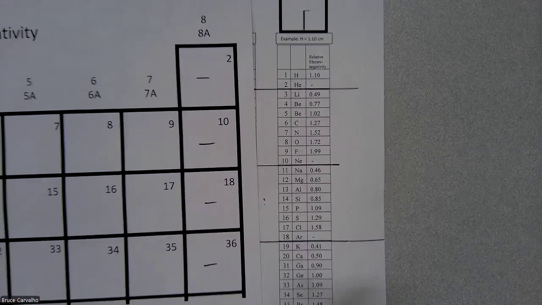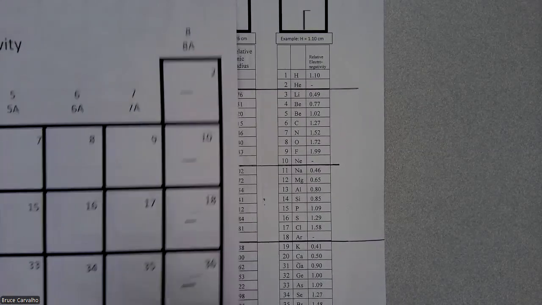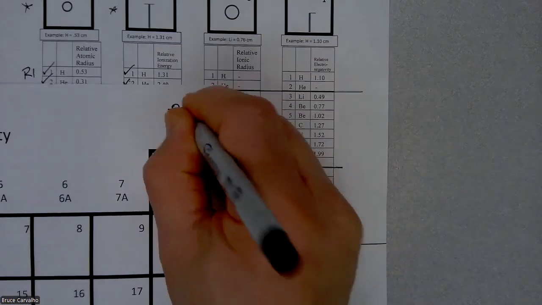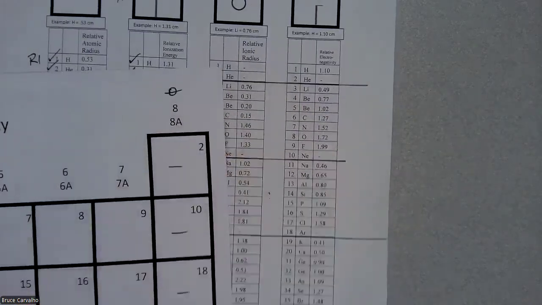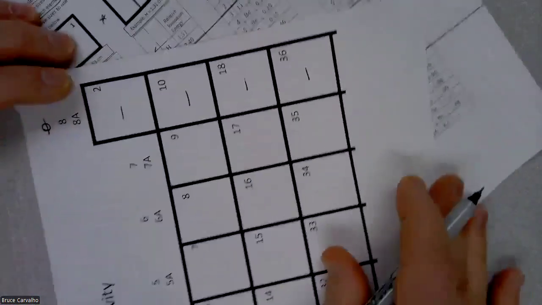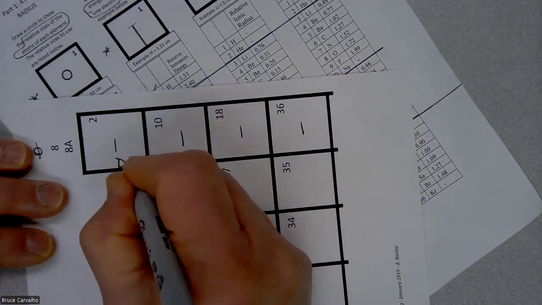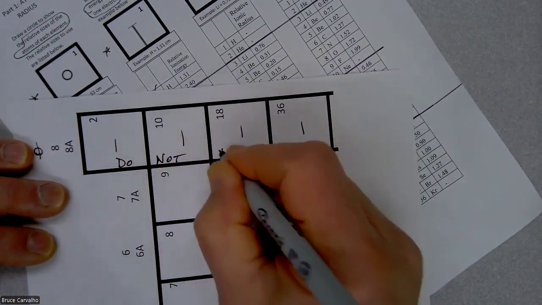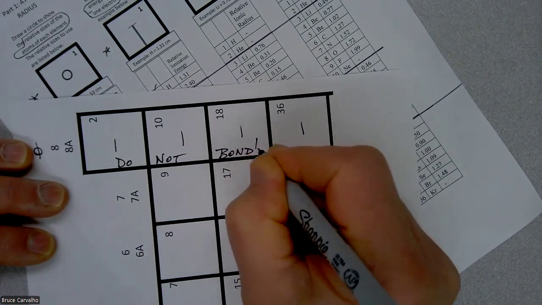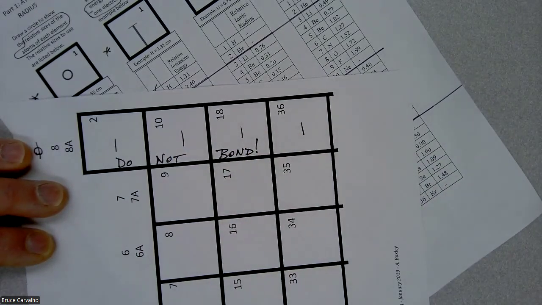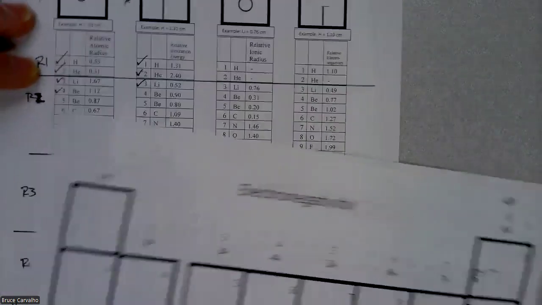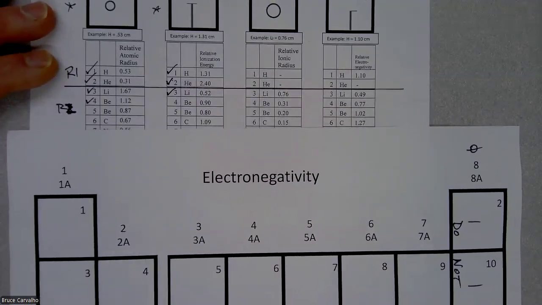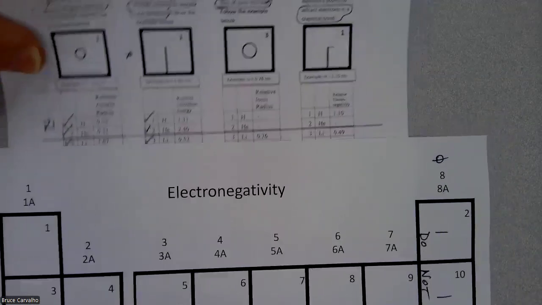The reason you're going to find dashes on these is because with their 0, they don't bond. So let's angle that into our paper. Do not bond. James Bond. They don't need to bond with anybody. They have met the rule of octet, which we'll talk about in the next activity.